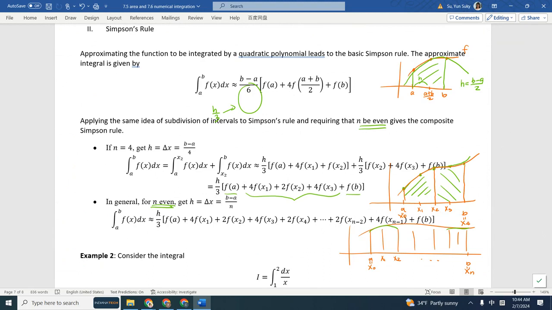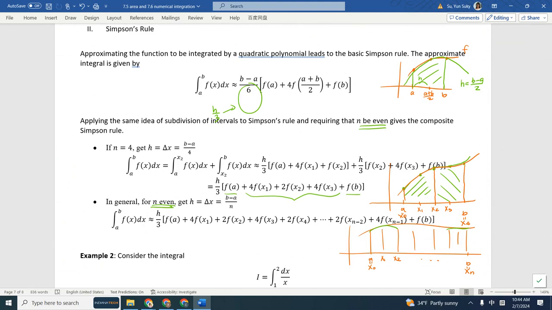So let me ask you, how many points can fix a line? 2 points. You just need 2 points and then you draw the line. But how many points can fix a polynomial? 3. Yes, you need 3 points to fix a quadratic polynomial.